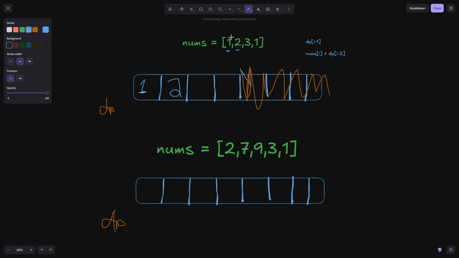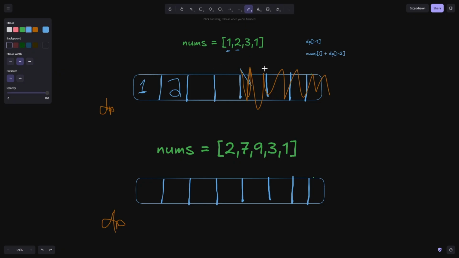What I mean by that is imagine we're going like this, and then like this. Basically if we're hopping like this, if these values when we add them together are smaller than this, well, we don't want to take those values, so we're just going to take this and put it right here, okay?